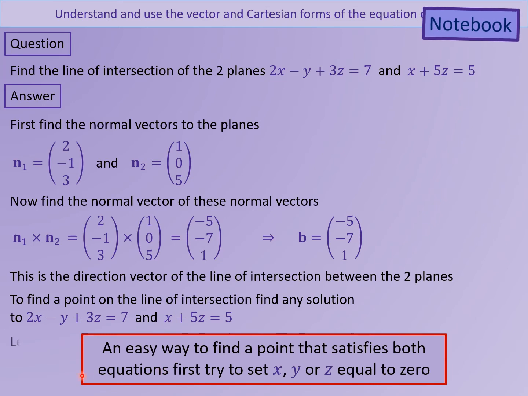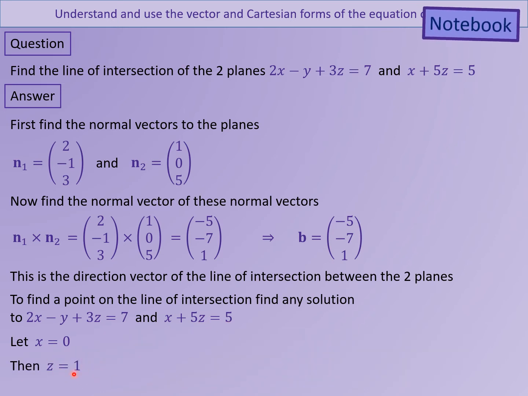It cancels one of them out. So, for example, let x equal 0. Straight away, if x equals 0, then z would have to equal 1, since 0 plus 5 times 1 is 5. Now once you've got z equaling 1 and x equaling 0, you go back to the other equation and find what y equals. So that equals 0, that equals 1, take that away, and y is going to have to equal -4.